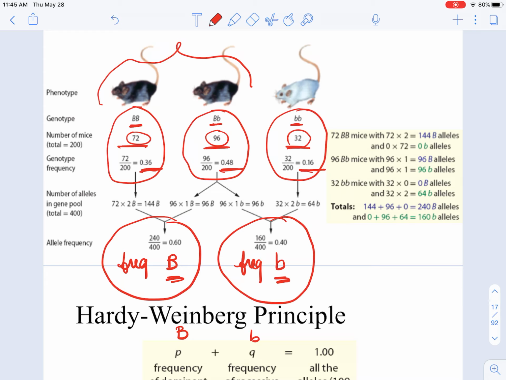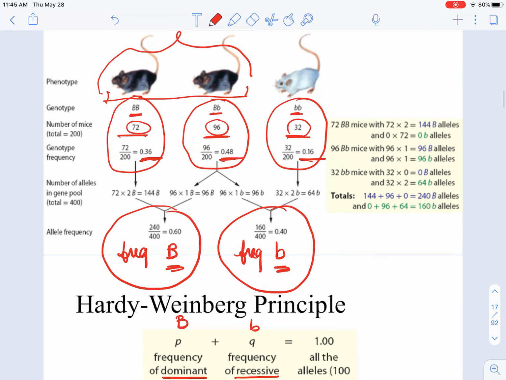This is impossible to calculate unless you use the Hardy-Weinberg Principle, like I said, because these mice look exactly the same, which is why we use the calculation. But if we were looking at these numbers that we just calculated, those would be genotypic frequencies, how many of each genotype we have, whereas allele frequency would be where you find out how many big B's in the population, how many little b's in the population.